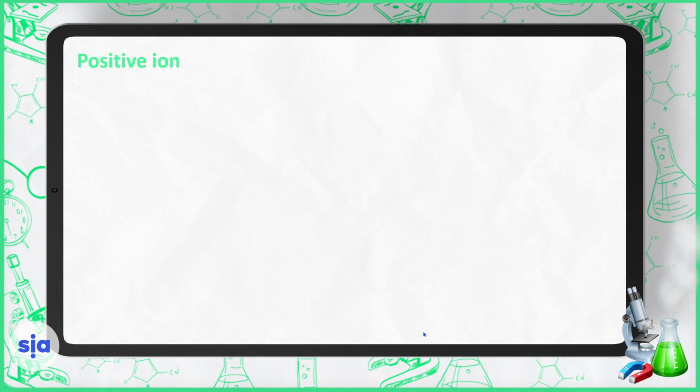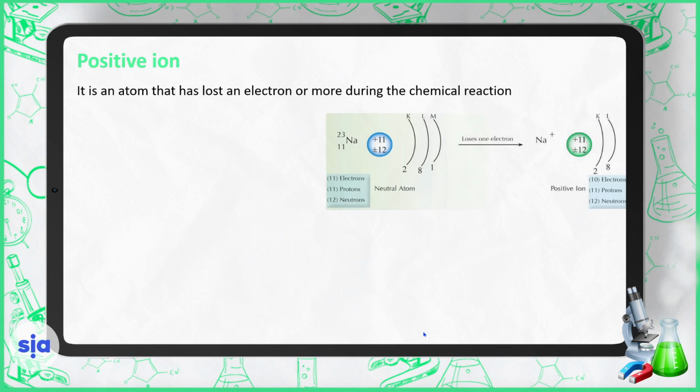So what do you know about positive ions? It's an atom that has lost an electron or more during the chemical reaction. Look to this example. This is sodium with electronic configuration 2, 8, 1. Only 1 electron is found in the outer energy level.